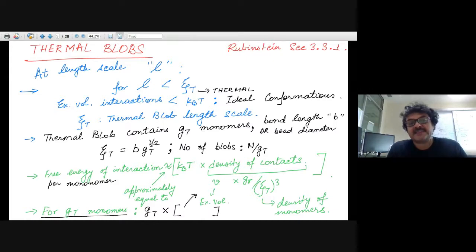Because below that length scale, there's not much interaction between the monomers. The interaction is less than kBT, so you can take an ideal chain conformation at length scales below zeta T, and for GT monomers, hence zeta T is b GT to the power half.